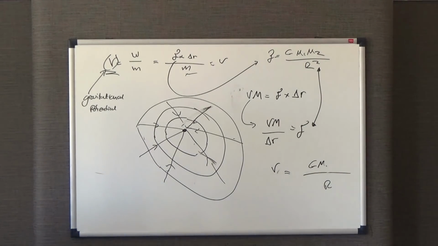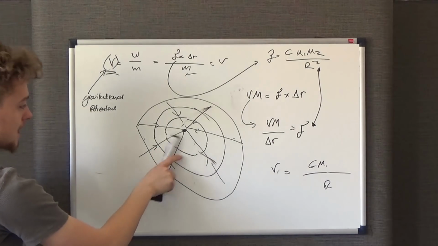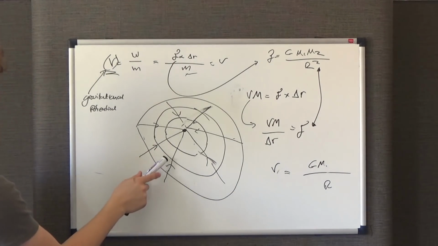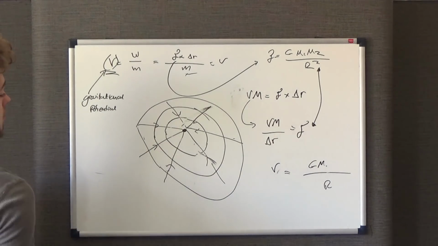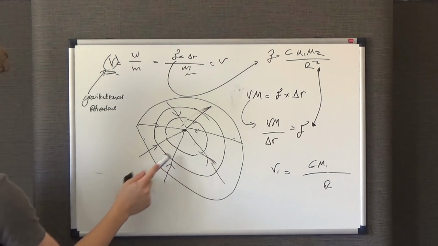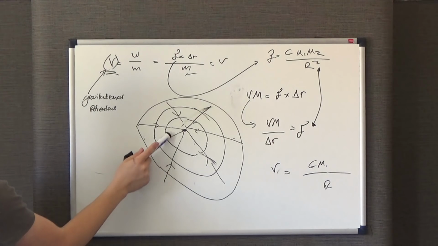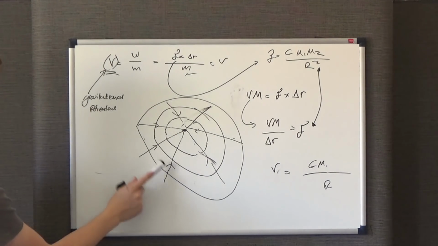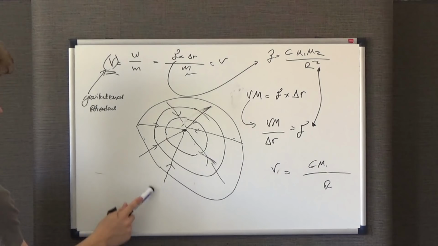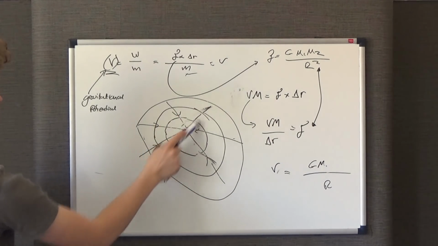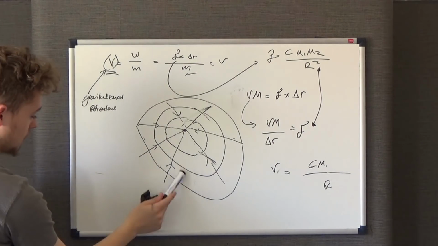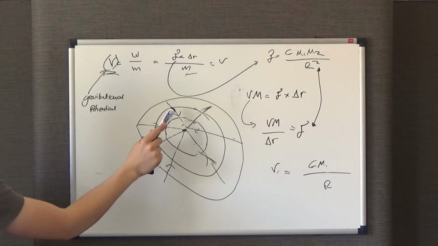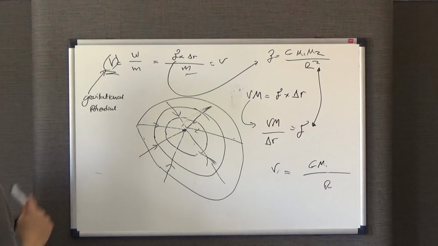Okay, so anyway, the field lines go towards the centre of the planet, and obviously any point along this circle is the same distance away from the planet. So these field lines, these arrows that are going straight to the planet, are all exactly the same. Obviously you'll be on a different one, but you'll be the same distance away from the centre of the planet.